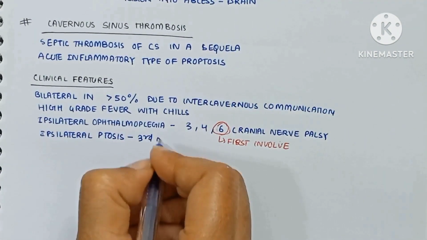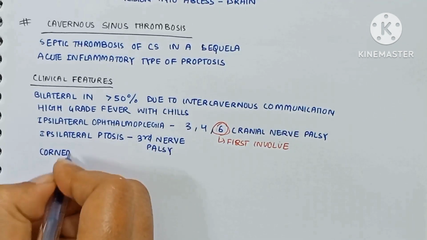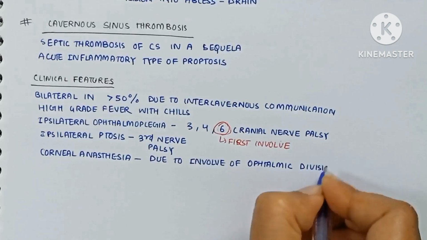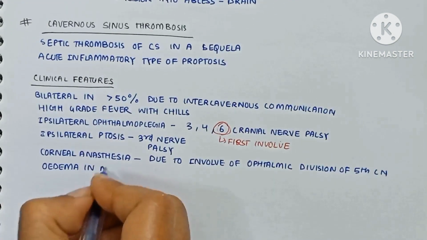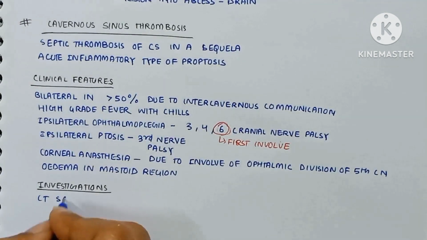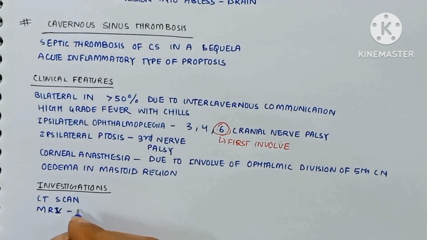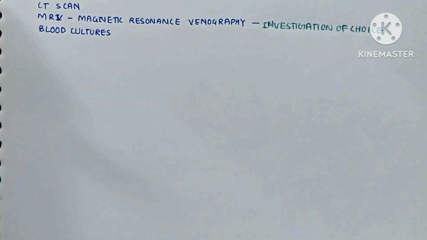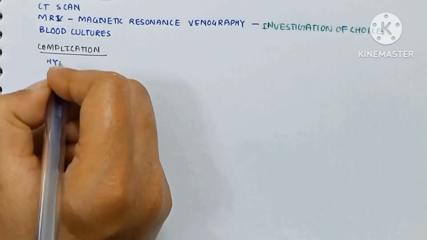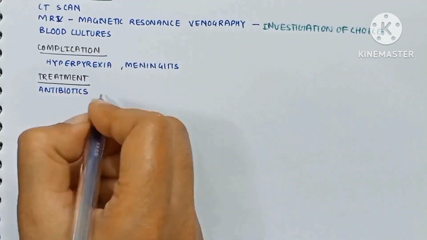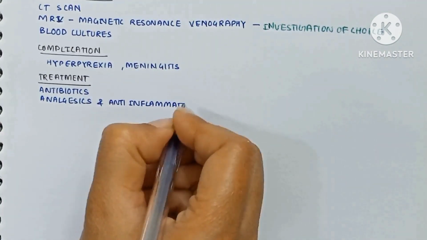The ipsilateral proptosis is due to the third nerve palsy. Corneal anesthesia is due to involvement of the ophthalmic division of the fifth cranial nerve, with edema in the mastoid region. Now the investigations are CT scan, MRI, and magnetic resonance venography, which is the investigation of choice, and blood cultures. The complications are hyperpyrexia and meningitis. The treatment includes antibiotics, analgesics, and anti-inflammatories.